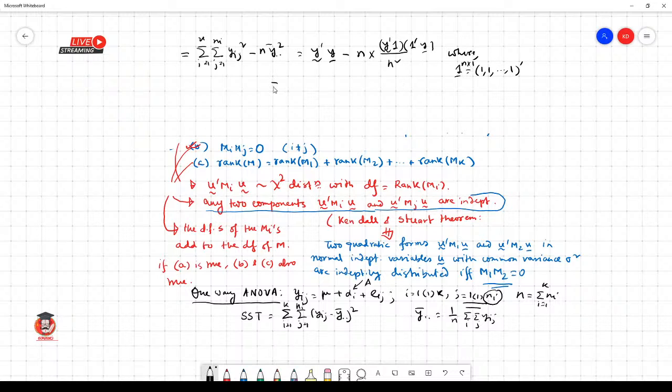So this is nothing but a, I_n is the identity matrix.